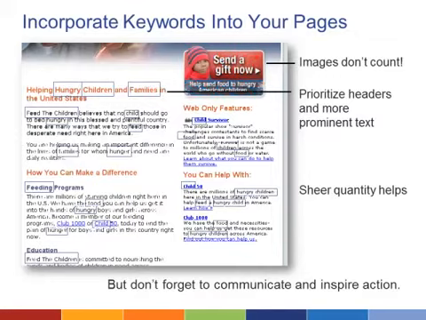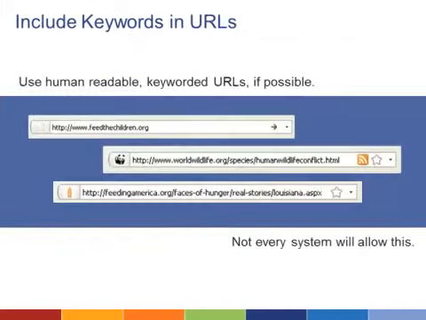Of course, you need to balance the desire to repeat keywords over and over with your goals to actually communicate something to people. A page full of keywords and nothing else won't get links, won't communicate anything, and will annoy your constituents. If you have the ability to control the technical file names used by your web pages, use human-readable URLs and try to include at least one keyword.